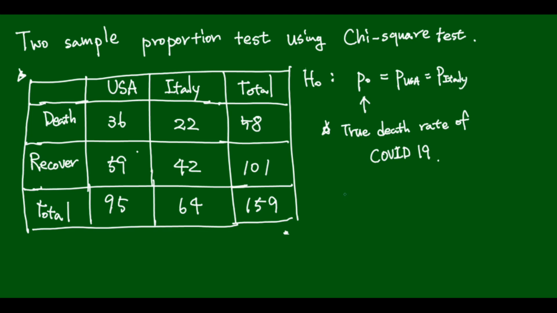Okay, and the alternative hypothesis is P USA is not equal to P Italy, and we want to do this test using chi-square test.